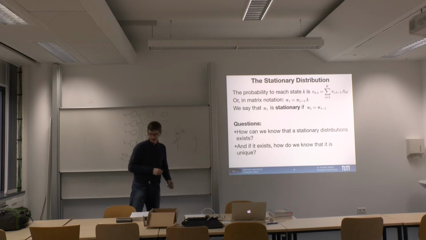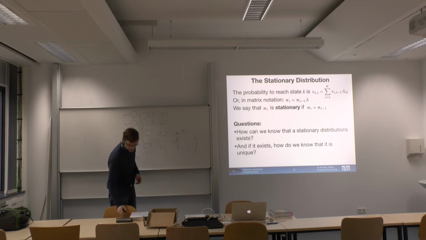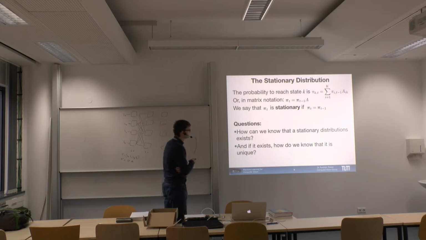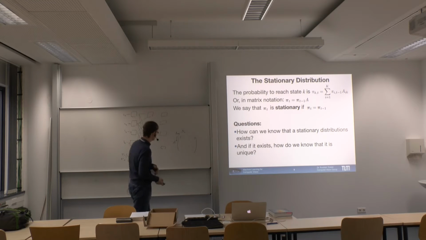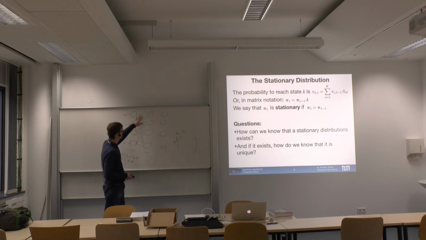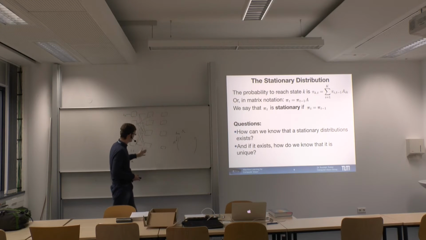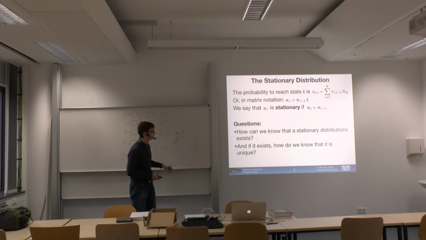Now, the first thing that we have to understand here is what a stationary distribution is. We're talking about distributions, and distributions means that over all the states I have some probability, right? At every time step, I have some kind of distribution, and this is the pi t at every step.